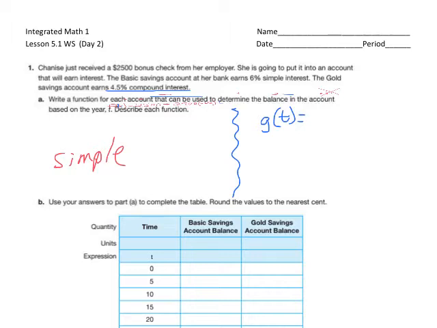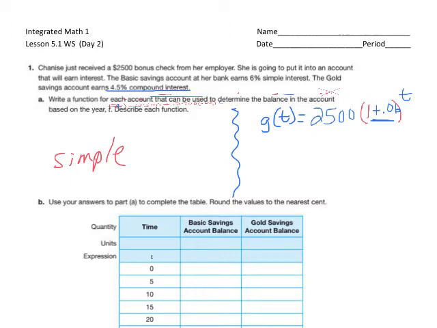So we're doing the compound interest. The compound interest is the original 2,500 times, I'm going to put it in red, 1 plus the interest rate, to the power of t, the number of years. One easy thing you can do is add this right away, so you don't have to leave it like that.